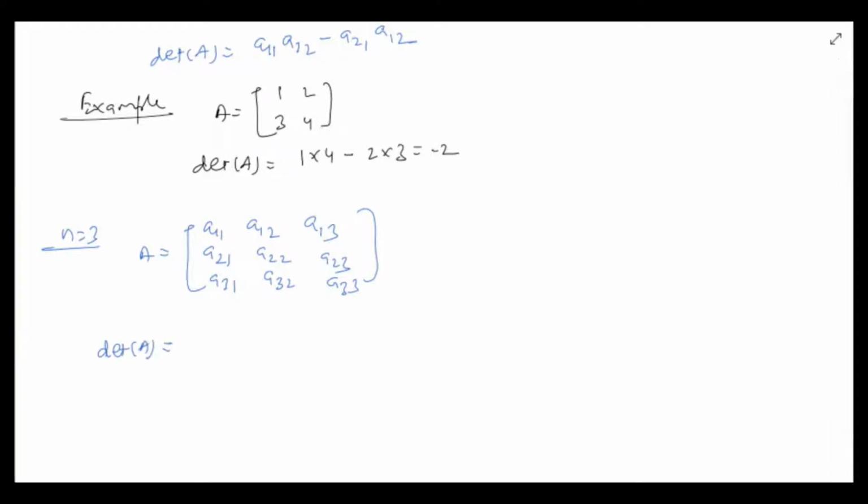I'll first illustrate expansion along the first row. I'll take the first entry of the first row. I will now ignore the row and the column corresponding to that entry. That is, I'll ignore the first row and first column, and I'll write the determinant of the remaining submatrix: A22, A23, A32, A33.